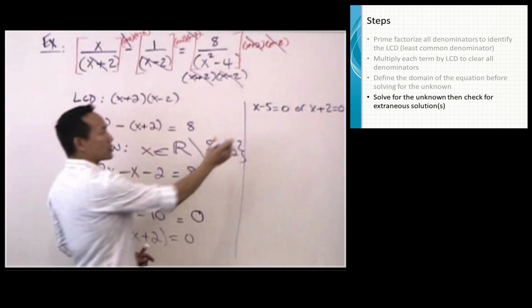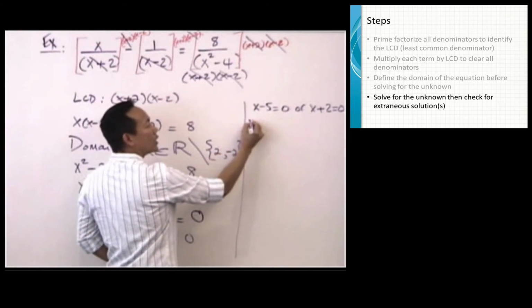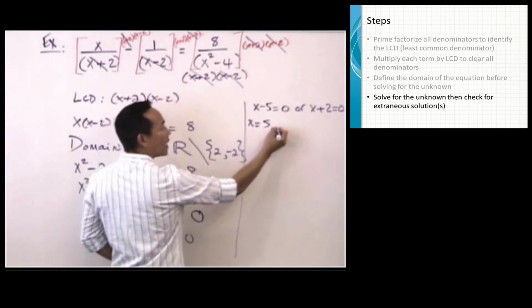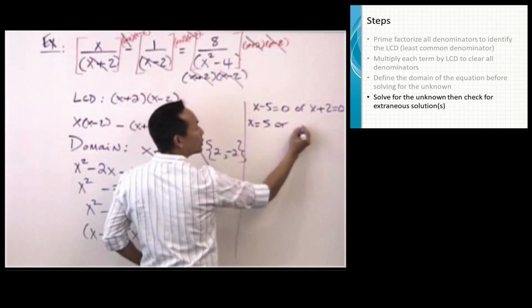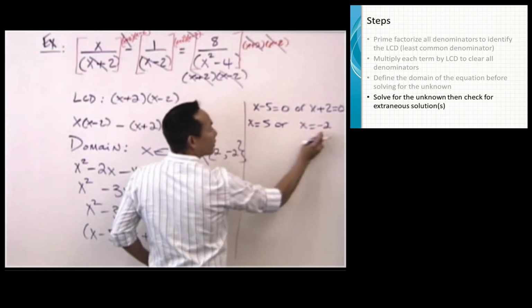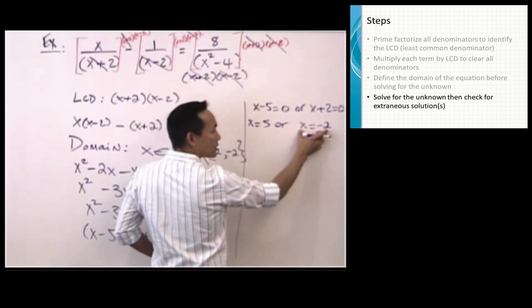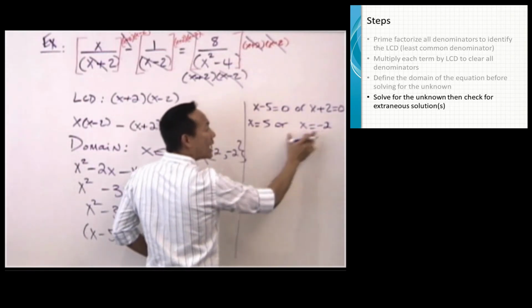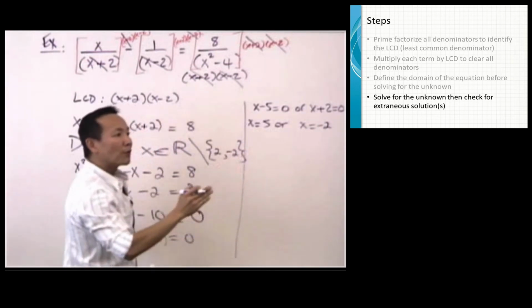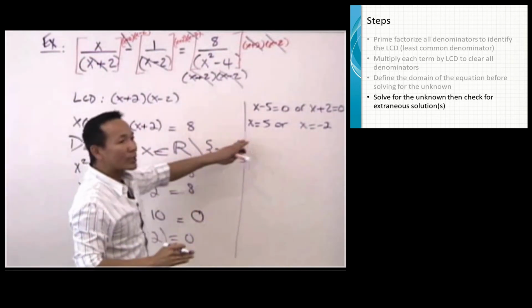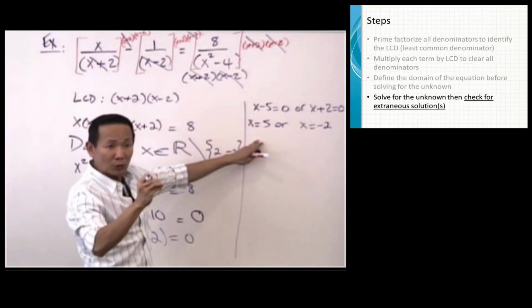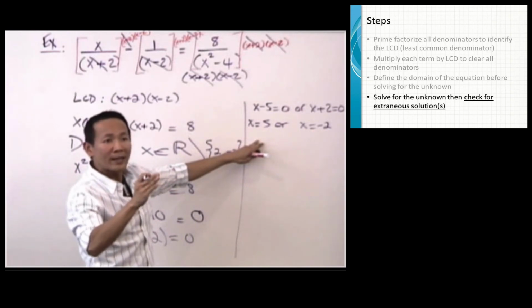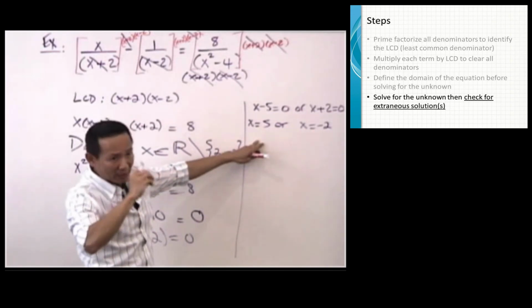And then you solve for the first equation. The unknown is 5, x equals 5, or you subtract 2. The second equation we solved, the unknown now is negative 2. Okay? And after you solve for the solutions, you have to check to see if any of those solutions happen to be the one that makes the denominator 0, then you have to throw it out.